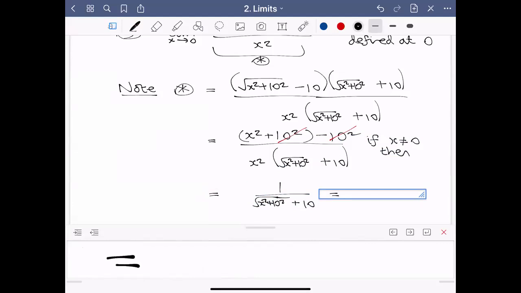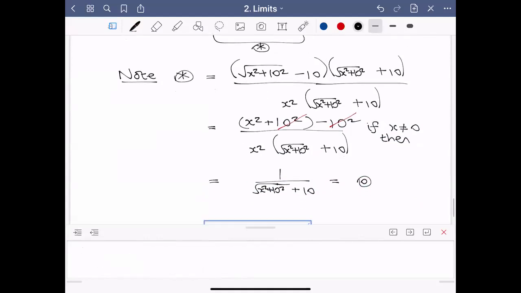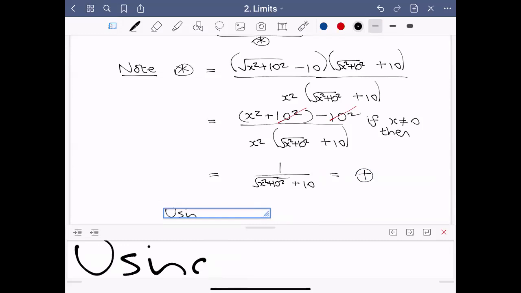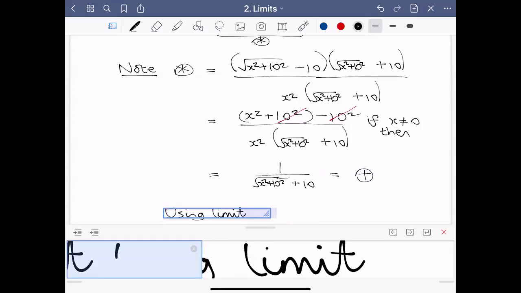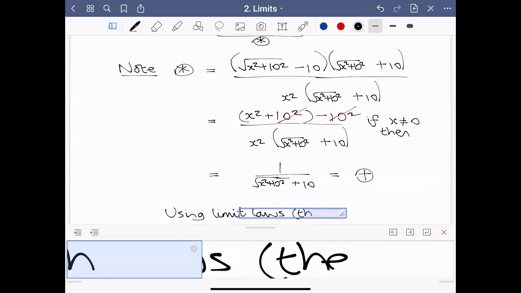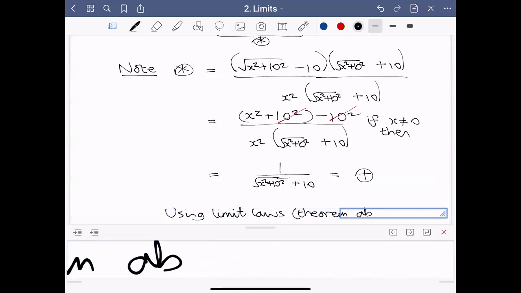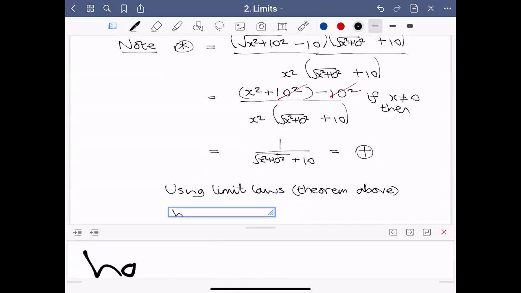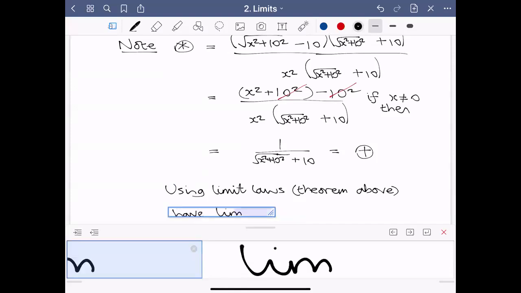Okay, so let's call this cross. Now, using limit laws, i.e. the theorem above, we have that the limit, what was the question again?